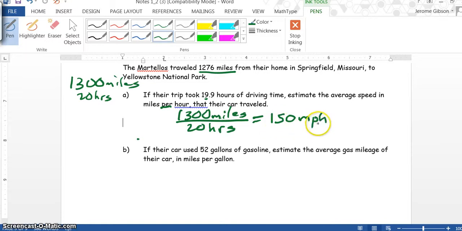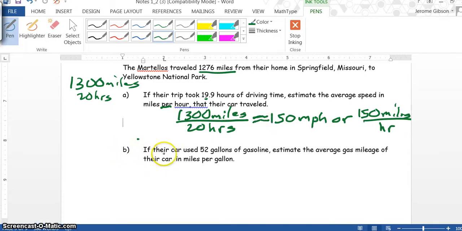You could write 150 mph, or you could write 150 miles over 1 hour, or an hour. So this is our approximate answer, so we should use an approximation sign.